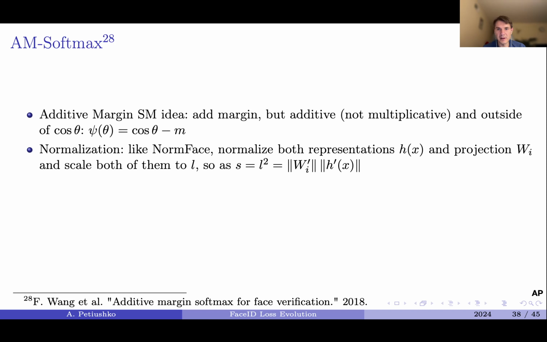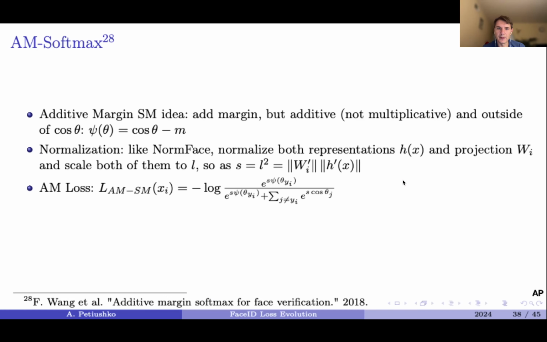And normalization: normalize both representations and projections, and scale both of them to L. So S is equal to L squared, and is equal to the multiplication of the norms.